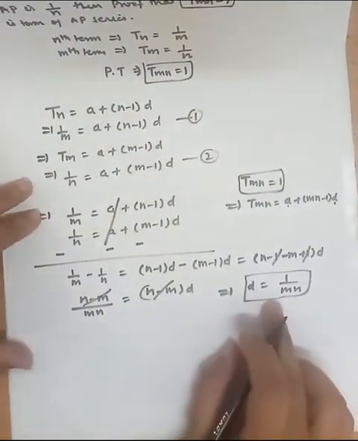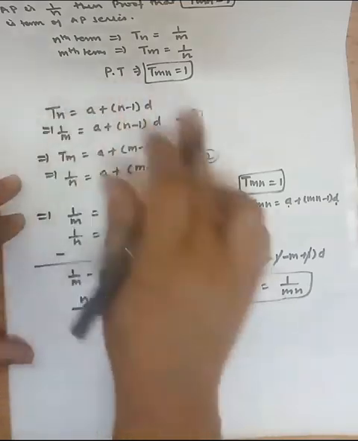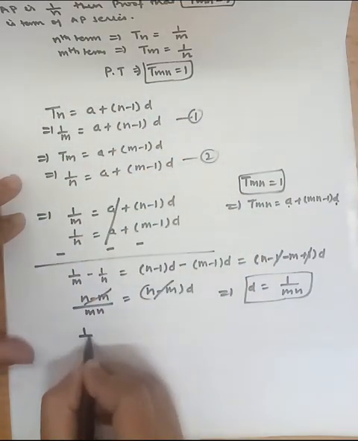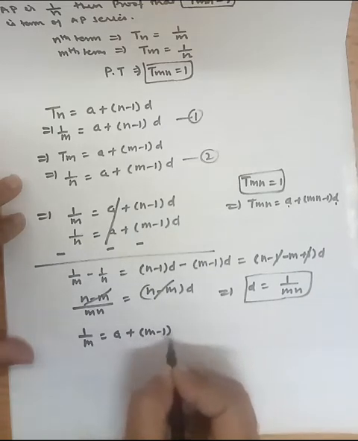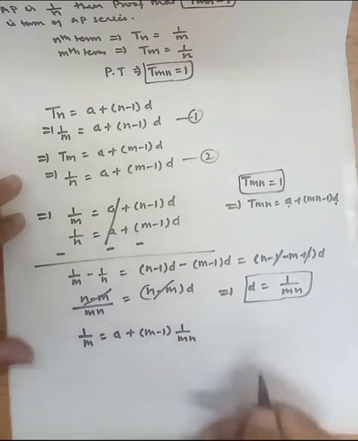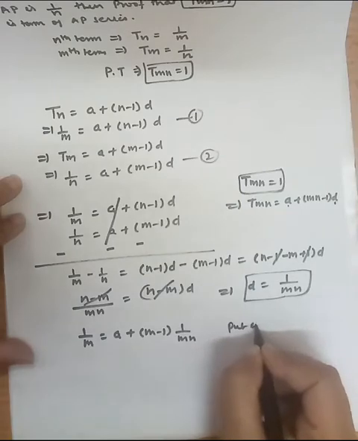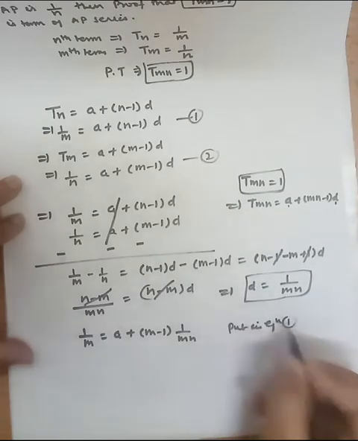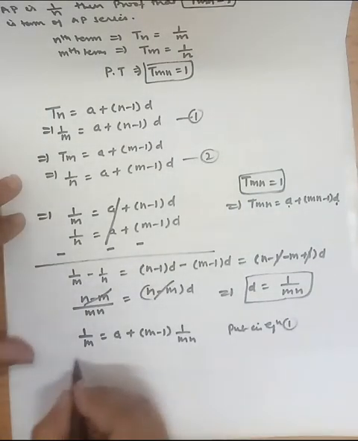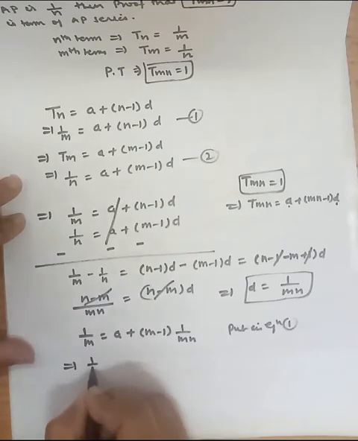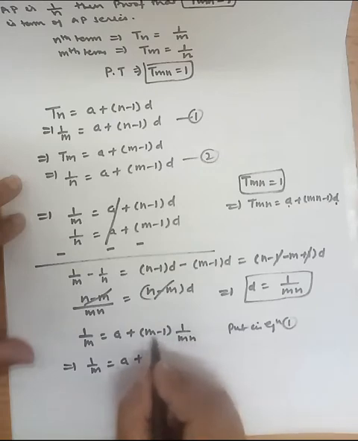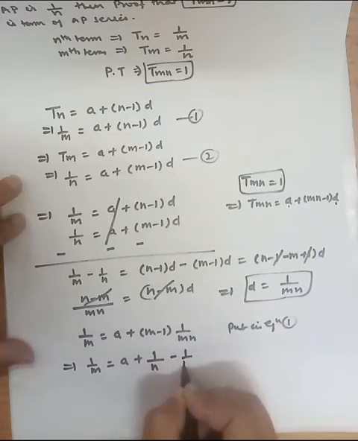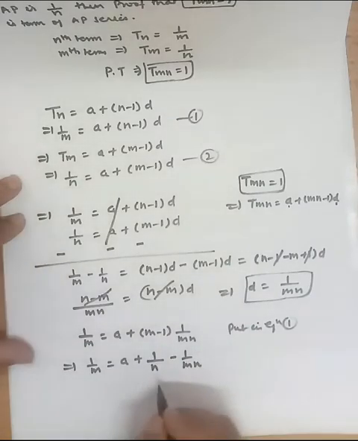So here we get the value of d equal to 1 upon mn. Now put the value of d in the first equation. So 1 upon m equal to a plus n minus 1, and d is 1 upon mn. Put in equation 1. Okay, so 1 by m equal to a plus, now multiplying inside, this value is 1 by m minus 1 by mn.